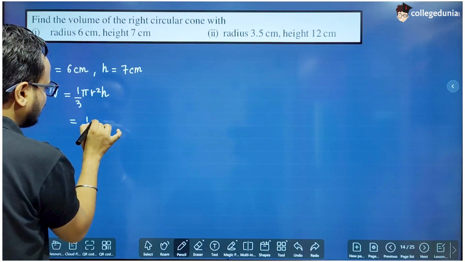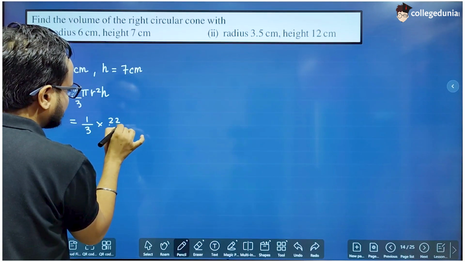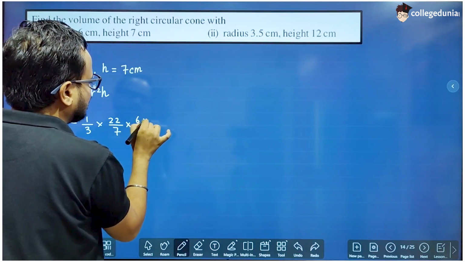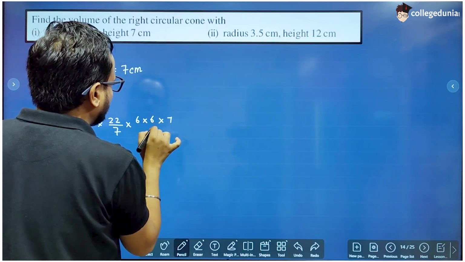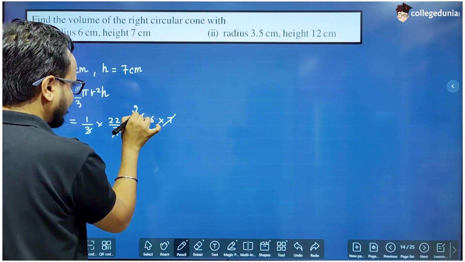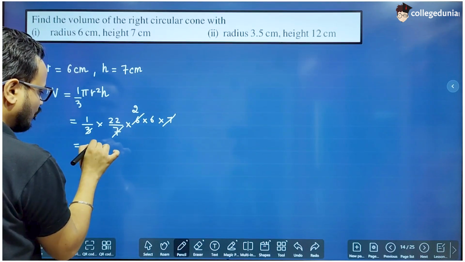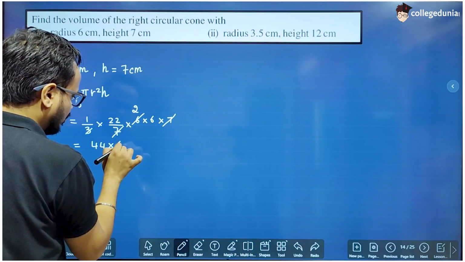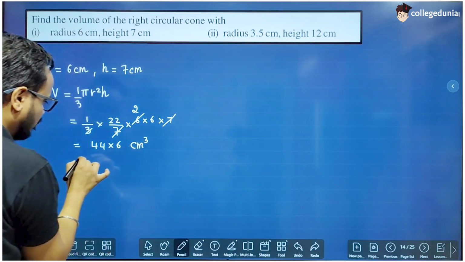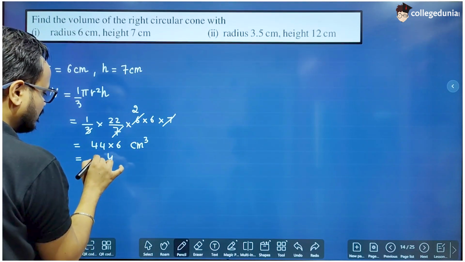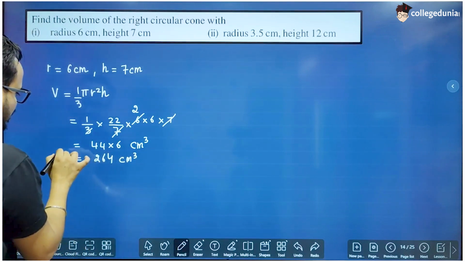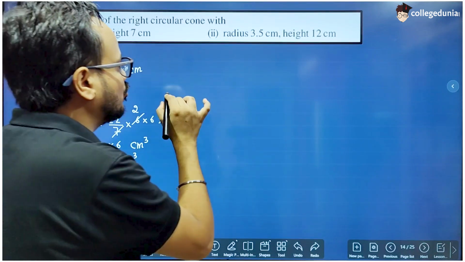So 1 upon 3 pi, let's take it as 22 by 7, into r square, that is 6 into 6, into h. So this is 44 into 6 centimeter cube, which is 264 centimeter cube.